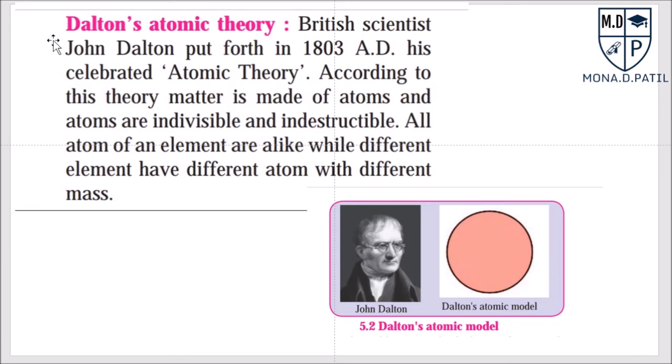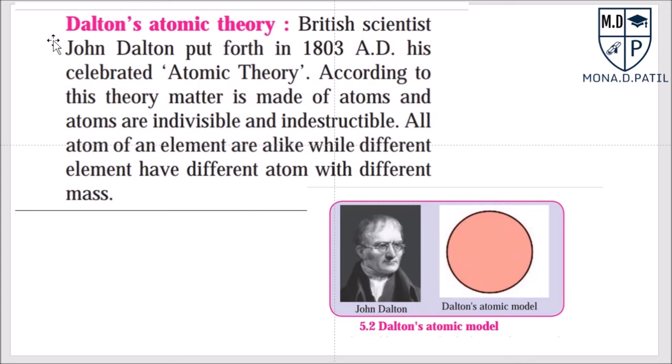Parmanu is a Sanskrit word because he had all his knowledge in Sanskrit. Then around 6th BC, the scientist Democritus discovered about the atom. He was a Greek scientist, and according to him, the atom is an indivisible particle. That indivisible particle he named atom. Atom means not divisible.